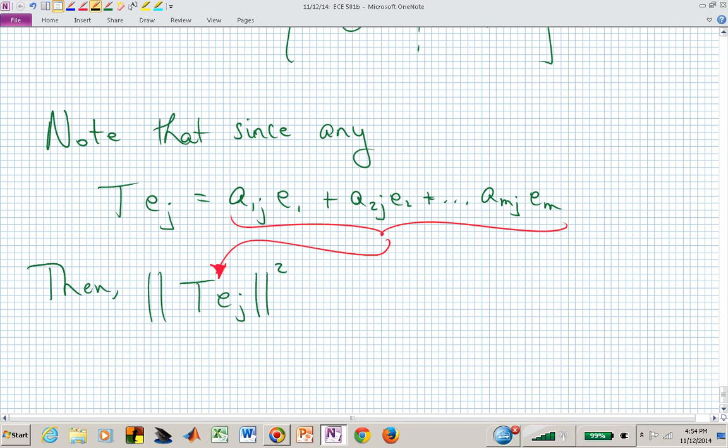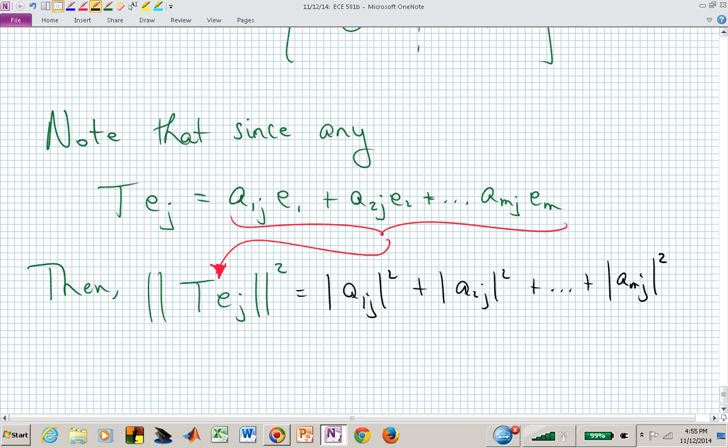So if we have those sitting inside this norm squared, and we look at that relative to the inner product, all of these cross terms are going to go away. We will simply have this equaling the absolute value of A sub 1j squared plus A sub 2j squared plus dot dot dot plus A sub mj squared. We just have the absolute value of these complex scalars squared.